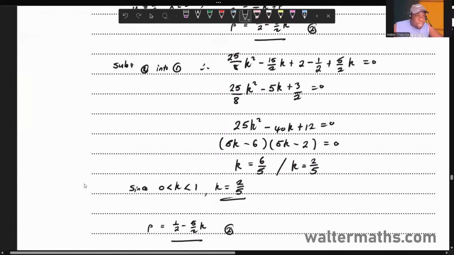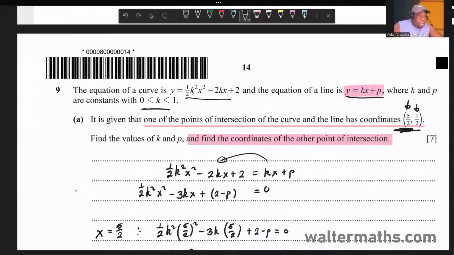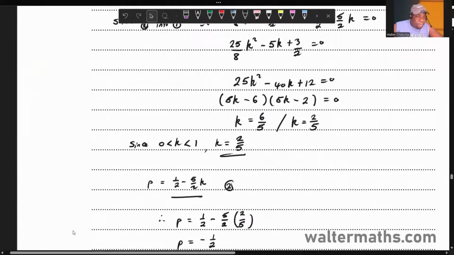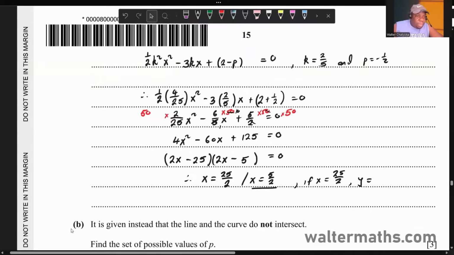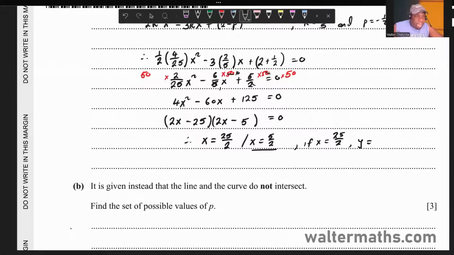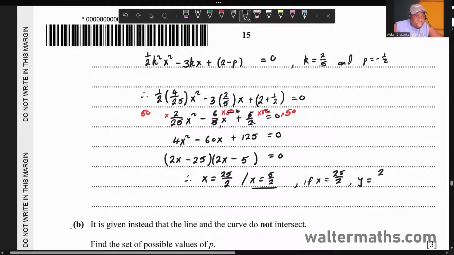All right. So we can go back to any one of the equations. If you look at this particular equation, that's y is equal to kx plus p. Y will be kx. K is 2/5. So 2/5 of x, which is 25/2. So it's kx plus p. P is minus half, so it's minus a half.